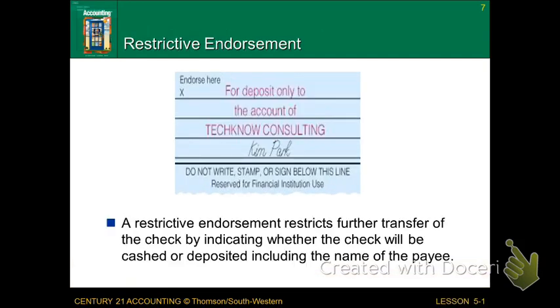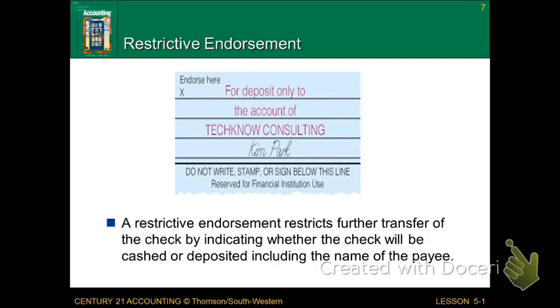Another form of endorsement is a restrictive endorsement, and this is a safer approach to endorsing a check. I'd recommend that all people endorse their checks this way. It restricts it from being further transferred to someone else by perhaps accident. What it does is it tells the teller what the check is meant for. In this case, it's meant to be deposited only, and it has the name of the business where it's going to go.